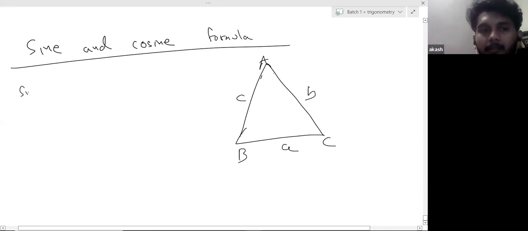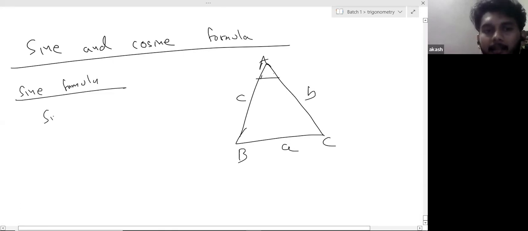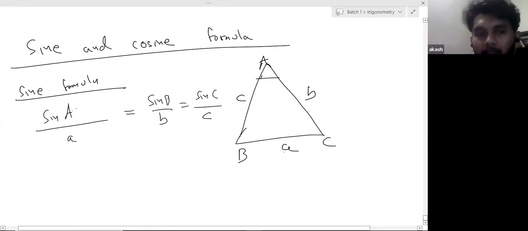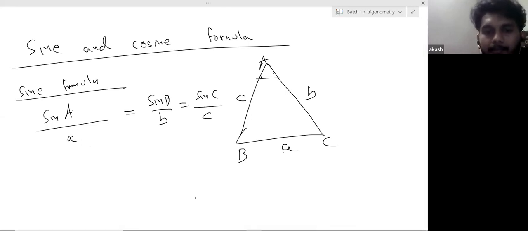So what sine formula is: sine A upon a is equal to sine B upon b is equal to sine C upon c. Here A, B and C are angles, small a, small b and small c are sides. This is a very easy formula. Note it down.